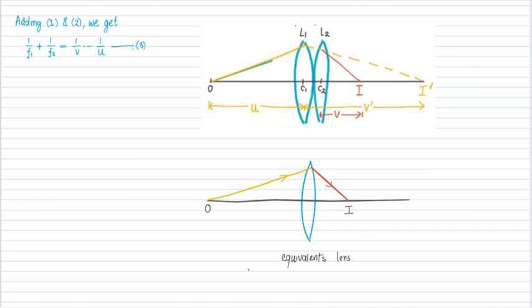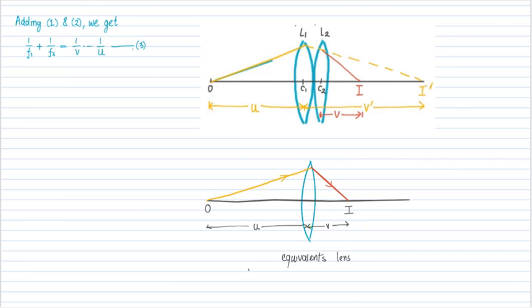Now for this equivalent lens, consider this one as the object distance u, this one as the image distance v.